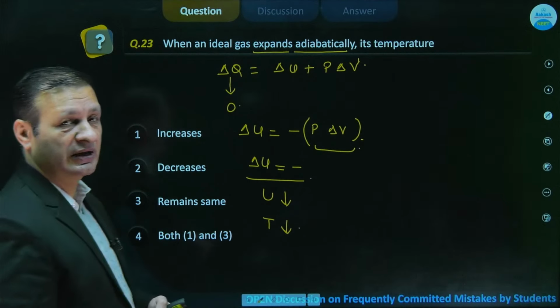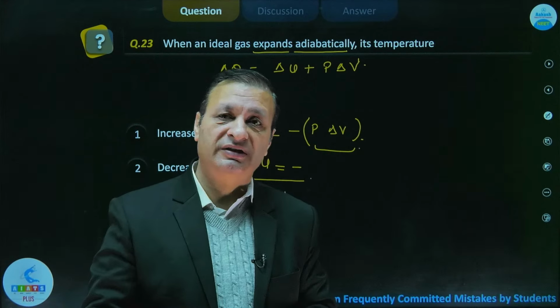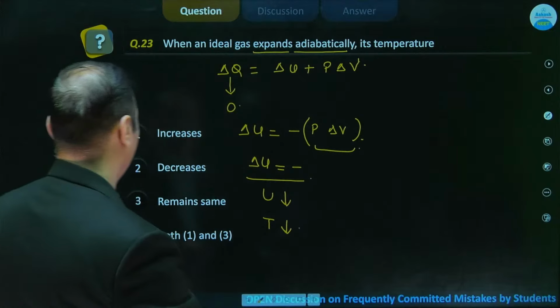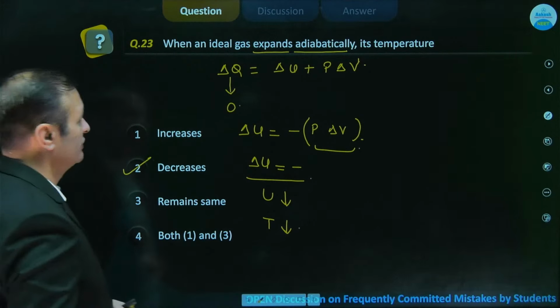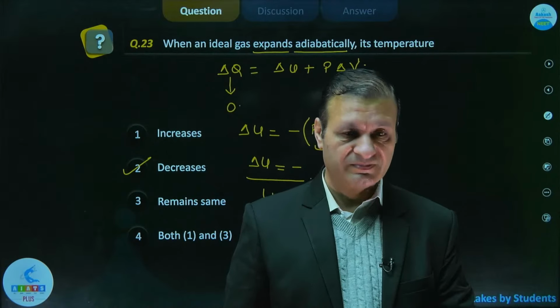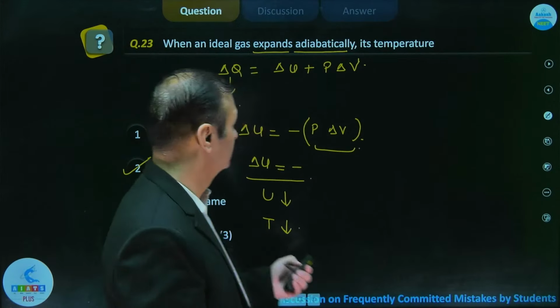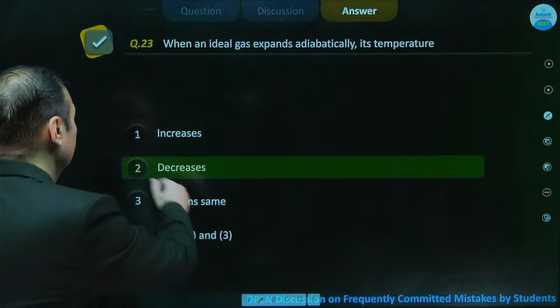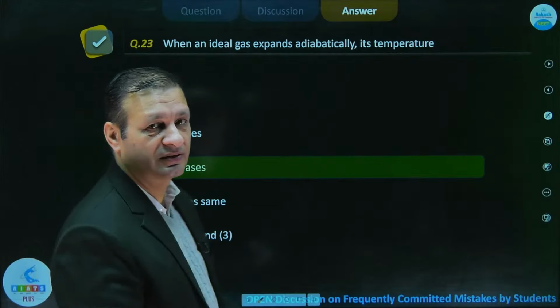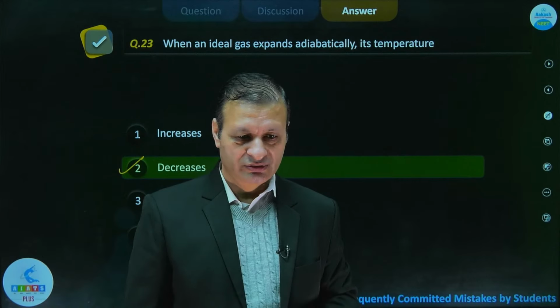It means when a gas expands adiabatically, its temperature decreases and it cools off. So this is the second option, it decreases. Any doubt from this part? Let's verify it. Yes, it decreases.